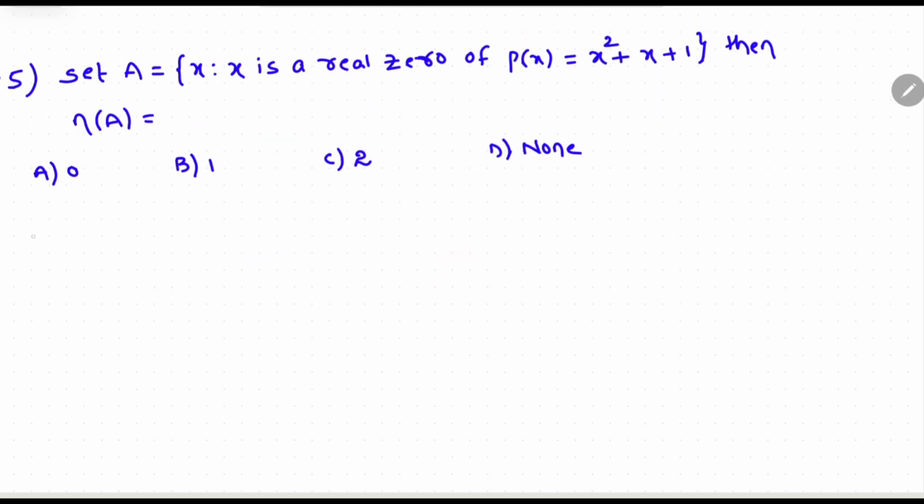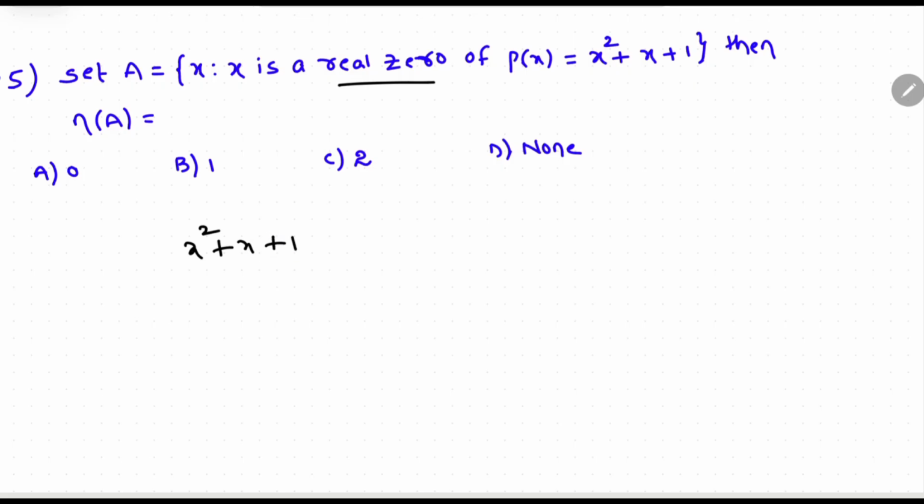Now here, it is a very tricky problem. Set A equals x such that x is a real zero of the given polynomial x power 2 plus x plus 1.